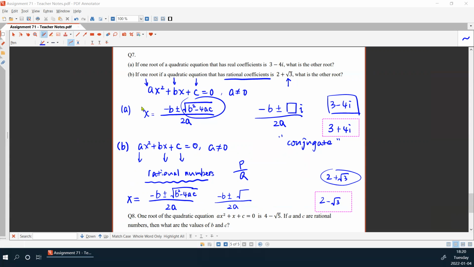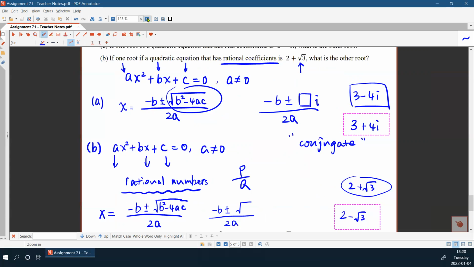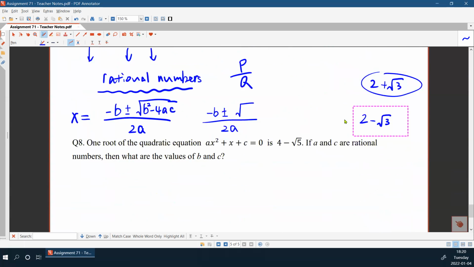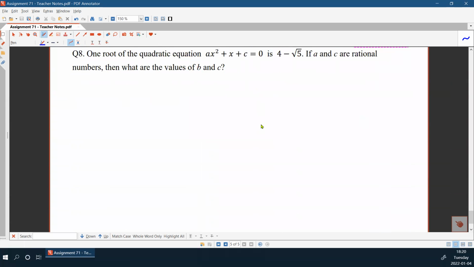All right, let's have a look at the last question, which is an extension to question 7. You are given a quadratic equation, right? And you are also given one of the roots, which is 4 minus square root of 5. And you are also given that a and c are rational numbers.